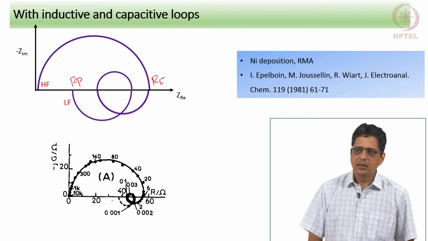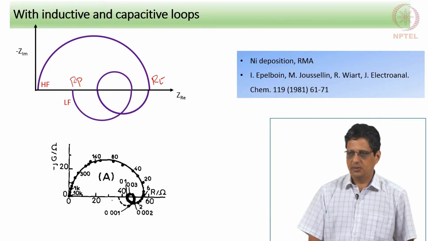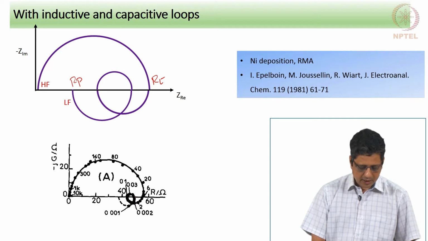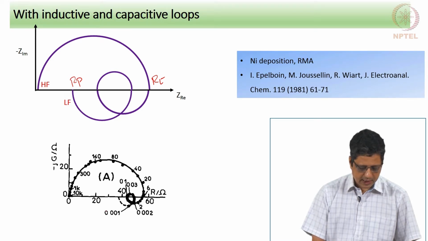Most likely they have taken data at lower frequency and it was noisy or not repeatable, and therefore, they have published only data that was clean and repeatable. But definitely beyond this capacitive loop at low frequency, when you go to even further lower frequency, you can see a partial inductive loop, and that is at 1 millihertz.